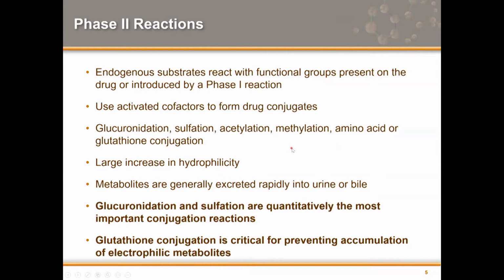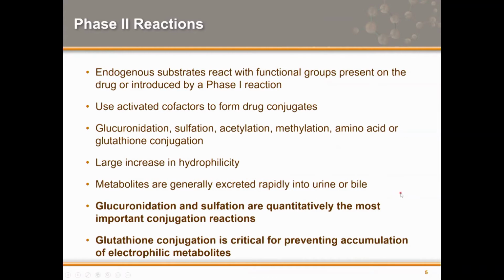The main purpose of these phase 2 reactions is to increase significantly the hydrophilicity of these metabolites, which will then facilitate their elimination. And typically these conjugation reactions lead to elimination of the conjugates into both the urine and the bile.